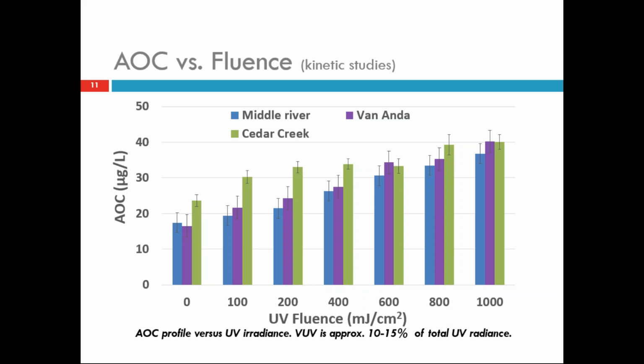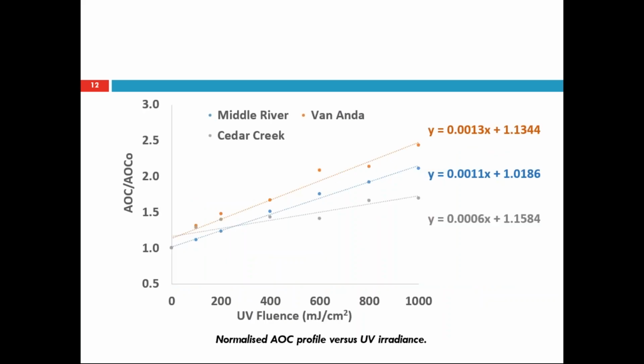Now we see a steady increase in the AOC profile for all the different surface waters used in the study. To further understand and to simplify the data, we normalized the AOC concentrations at respective UV dose with the initial AOC concentration of the water. So this is the normalized graph, and here we see a linear fit of all these data.